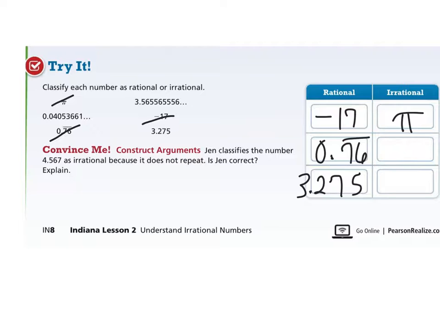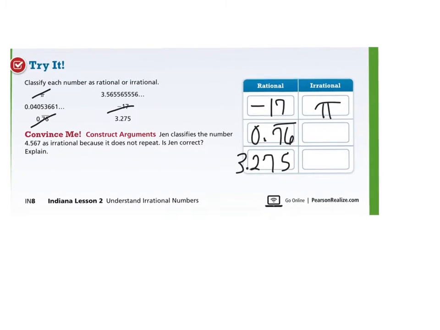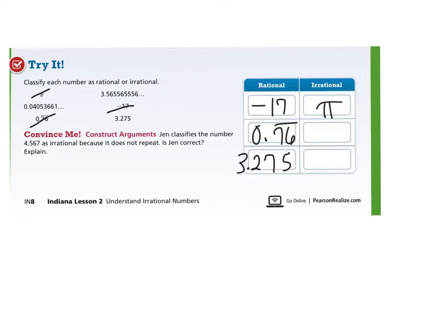And as you might guess by the table how they have it set up here, the last two are going to be irrational. You might say, well, that's the only spot for them. Well, we can't always judge it by that, but that is the case here. Decimals keep going, don't repeat themselves.